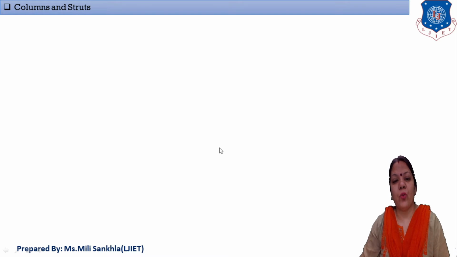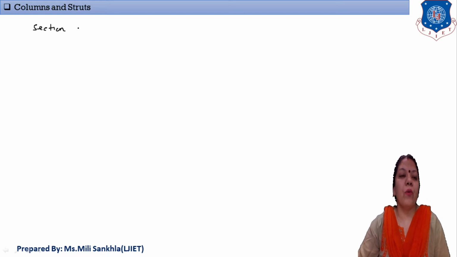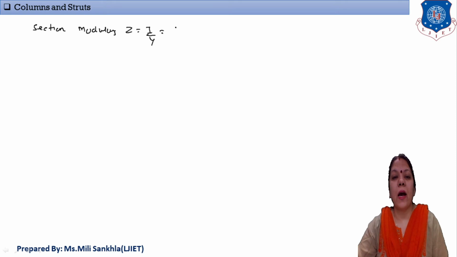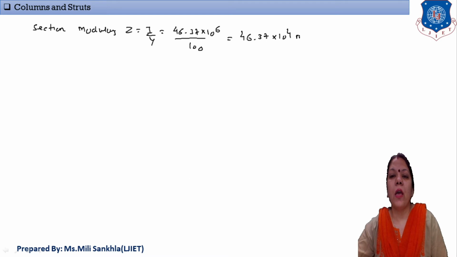Section modulus Z is equal to I by y, that is 46.37 into 10⁶ divided by 100, which is equal to 46.37 into 10⁴ mm cube, because inertia is in mm⁴ and y is in mm, ultimately mm cube.